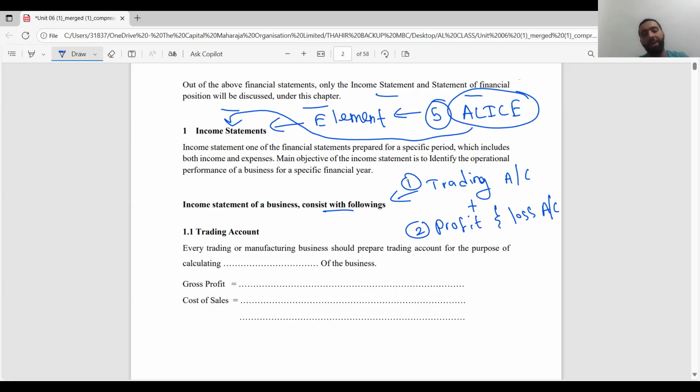Why do you prepare a trading account? What is the purpose? Can anyone tell me?